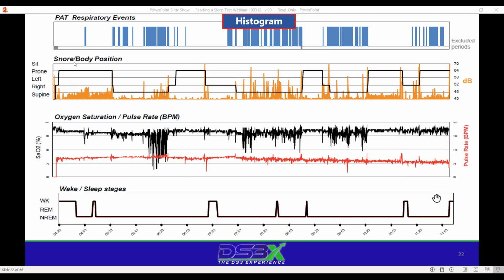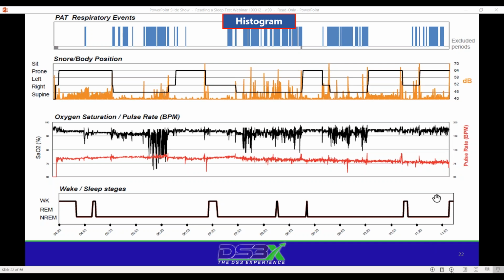Here we can see the snoring and the body position for the full night laid over each other. Same thing with the pulse and heart rate, and then our sleep stages we can see down here throughout the night, or for whatever epoch we're talking about. With the histograms, it's a bunch of material pushed into one slide, so you can really see at a glance how someone's doing when you look at this type of information.